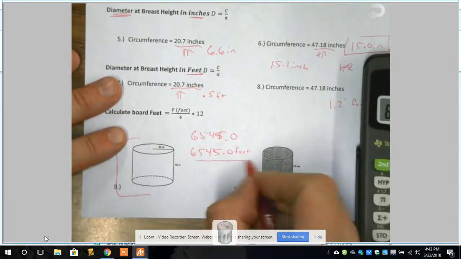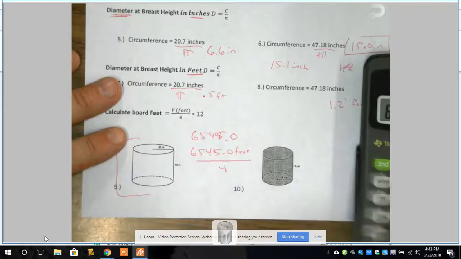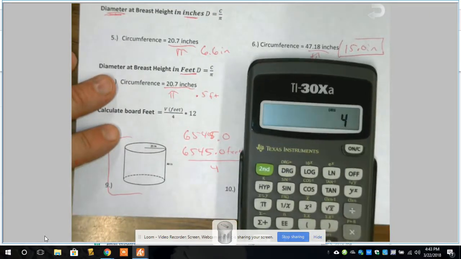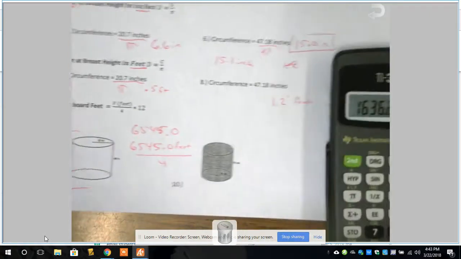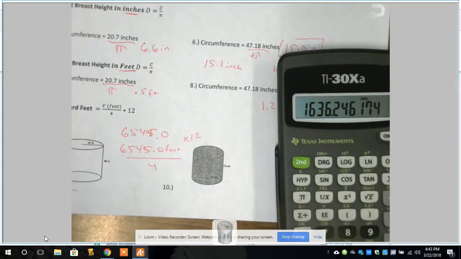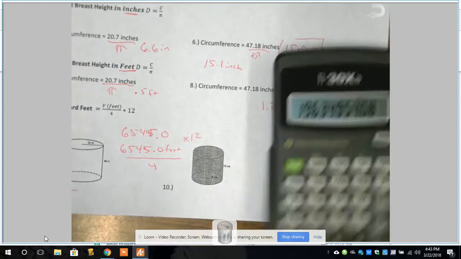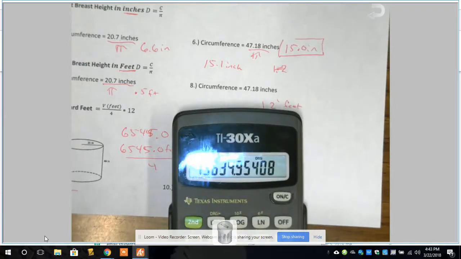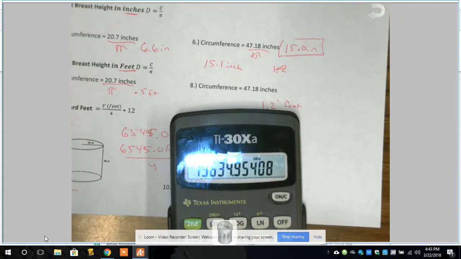I'm going to divide that by 4, and then I'm going to multiply by 12. So that ends up with 19,634.